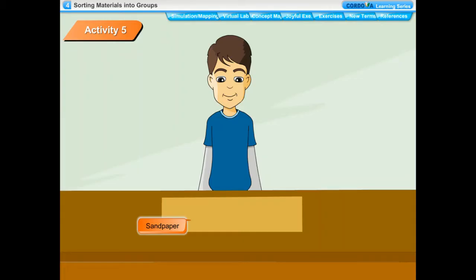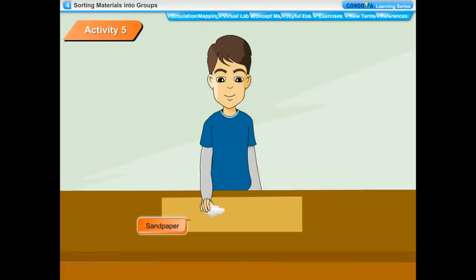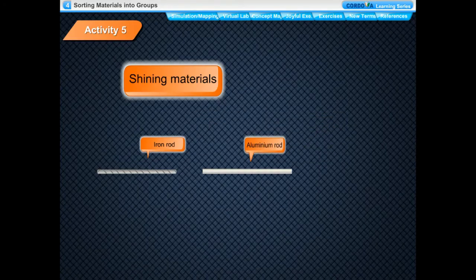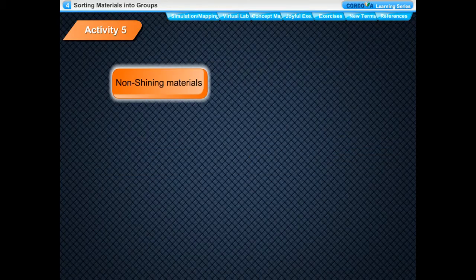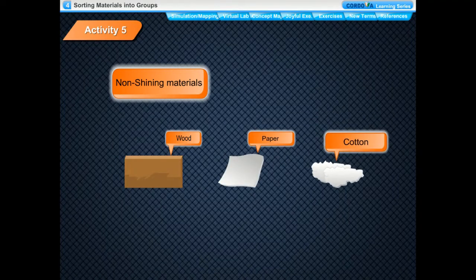Method: rub the surface of each material with sandpaper. Observe each material, whether shining or not shining. Separate the shining material from the non-shining material. Observation: the surfaces of materials like iron rod, aluminium and copper wire are shining. Surface of materials like wood piece, paper piece and cotton are not shining.